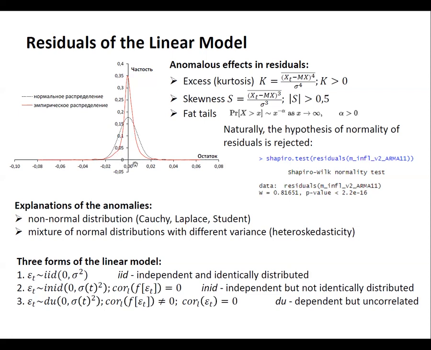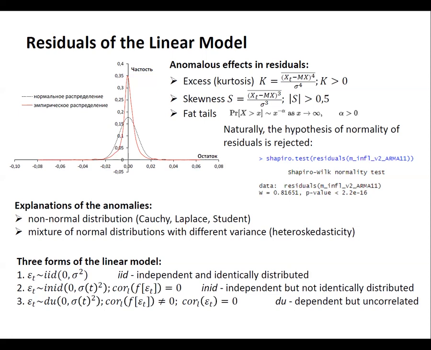At a simple glance, it can be seen that there is a significant deviation of the empirical distribution of residuals after the ARMA model from the theoretical normal distribution. These deviations are typical for all time series. It cannot be said that this is a feature related only to the inflation series.